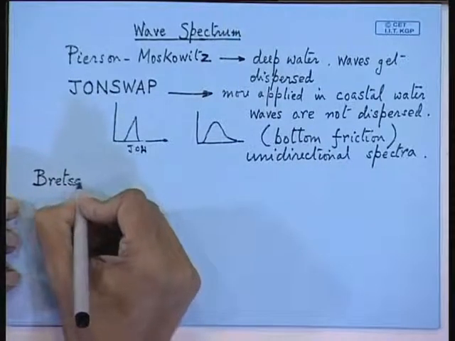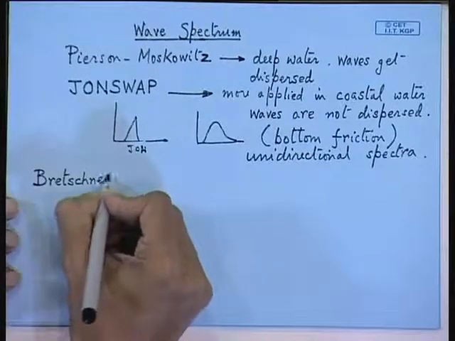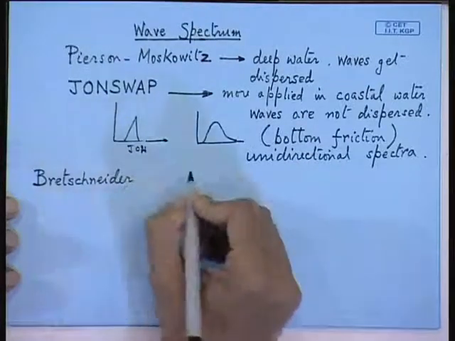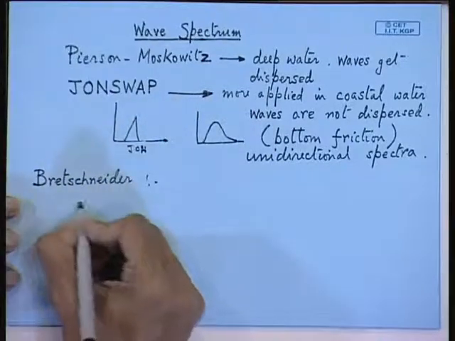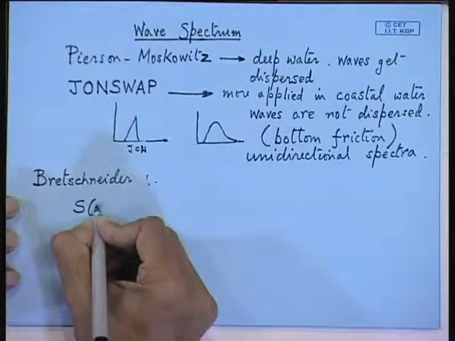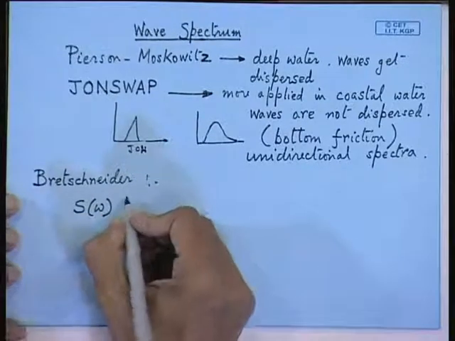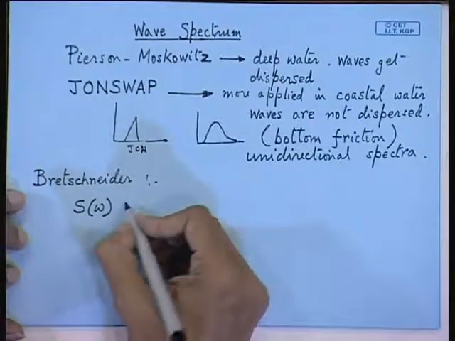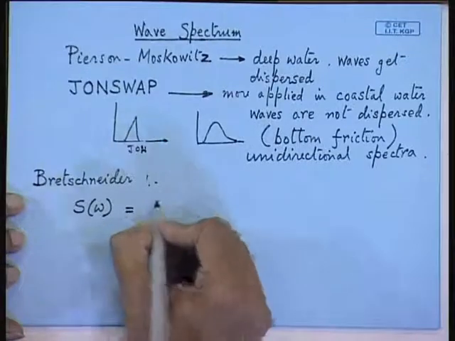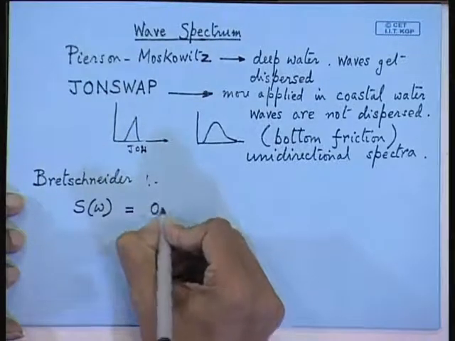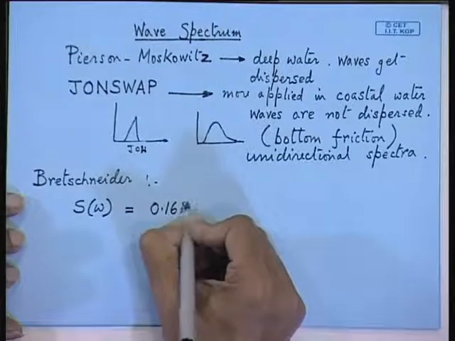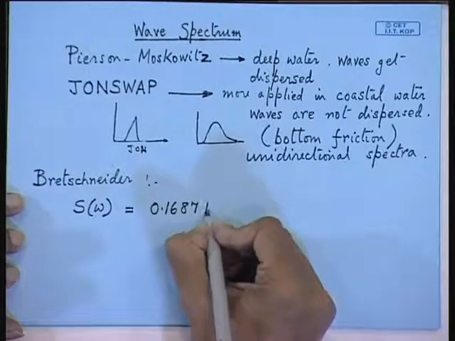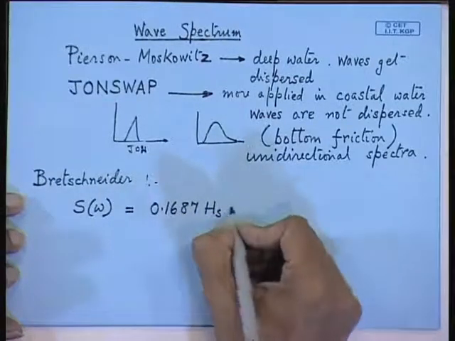So here you will find this Bretschneider is given as S omega. Omega is your circular frequency, and this S omega is that E omega. This is given in some other expression: 0.1687 Hs squared, where Hs is your significant wave height.